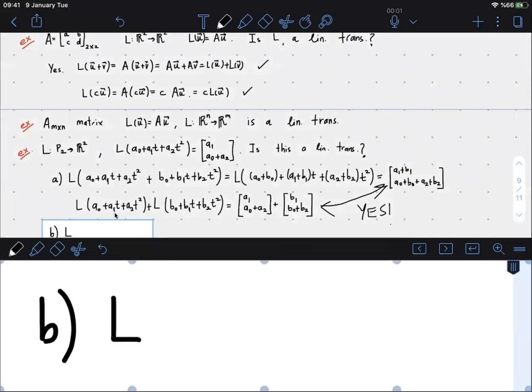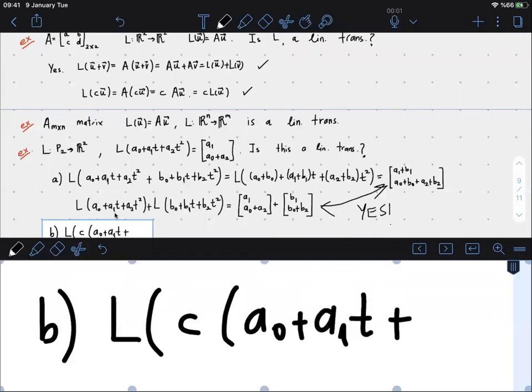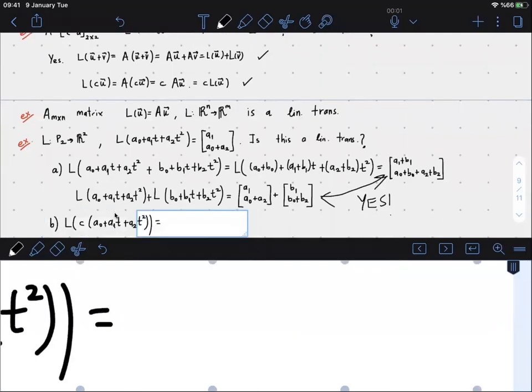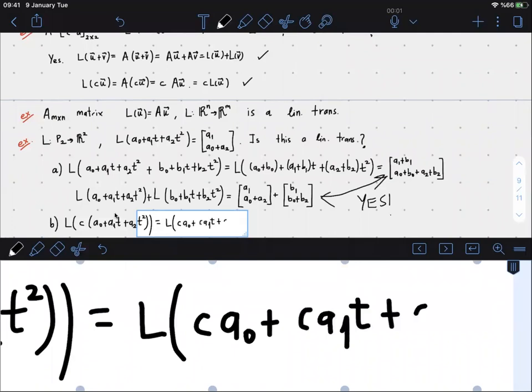So L times, let's check this guy. So what is this? First, I write this CA0 plus CA1t plus CA2t squared.